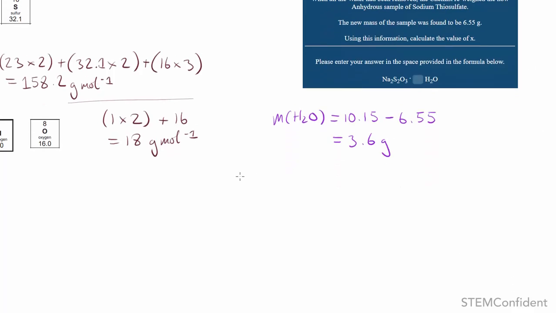And if we remember, the formula relevant here would be that the number of moles n is equal to the mass m divided by the molar mass, okay?